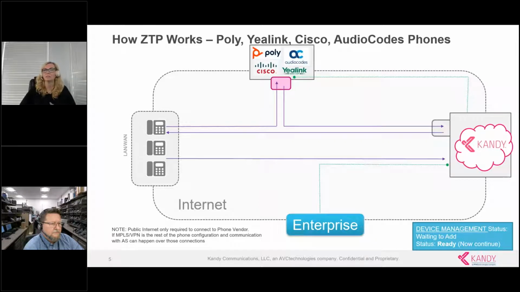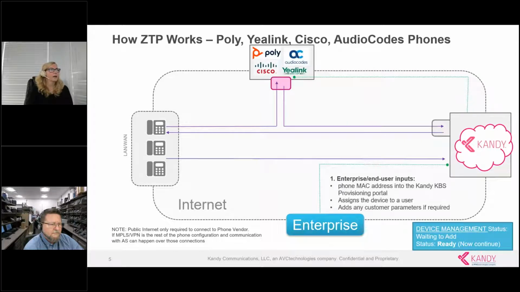We've added this to these 4 different vendor types so that when you plug a phone in, first of all, we want you to take the MAC address. There is a number on the back of the phone. It's numbers and letters mixed together, and the first part of it defines what the vendor is, and the last part is unique. So every device has a unique MAC address, and then you input that into Kandy's provisioning portal.